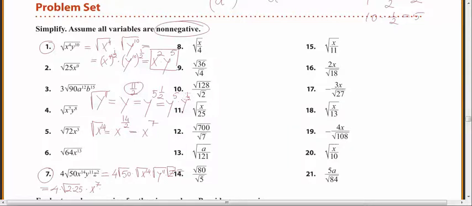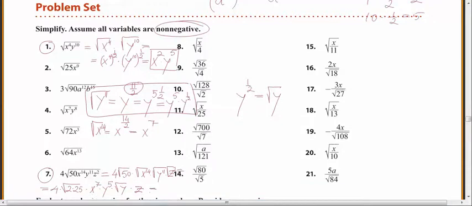The y to the 1/2 is actually the square root of y. So now I have y to the 5th times the square root of y. Do you guys understand what I did here? Times the square root of z squared, that will be z.